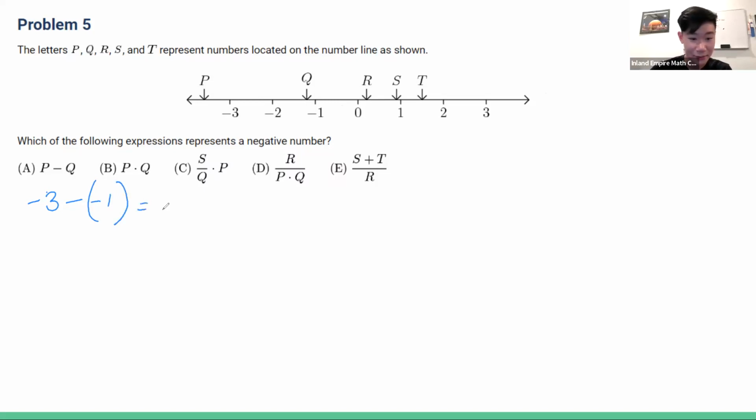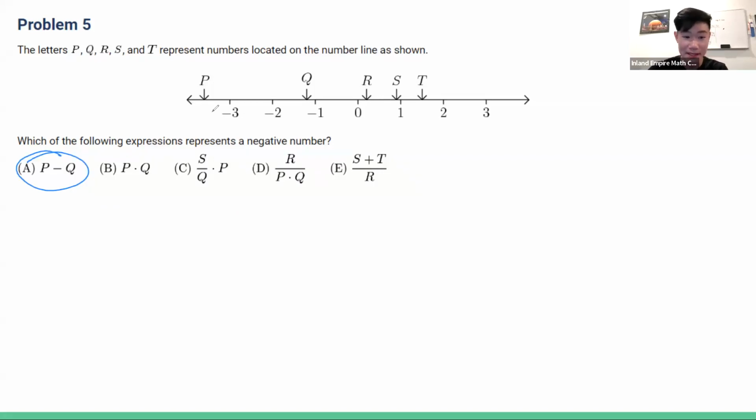And then you would end up with -3 plus 1, because minus a negative is plus. And that would give you a negative number. If you subtract a bigger negative number from a smaller negative number, you always get another negative number. So it seems like this one is the answer, but I'm going to check the rest just in case we did something wrong there. So what about here?